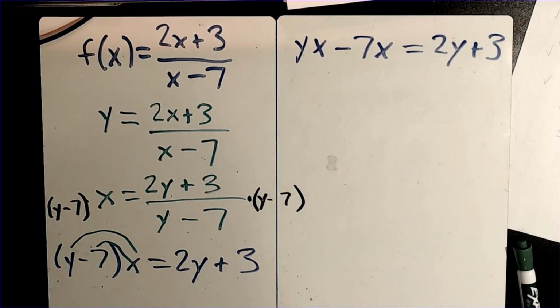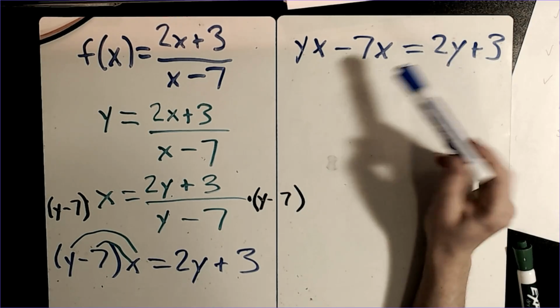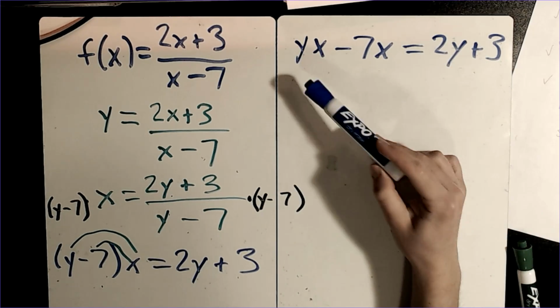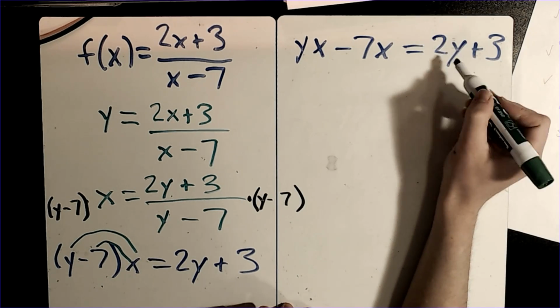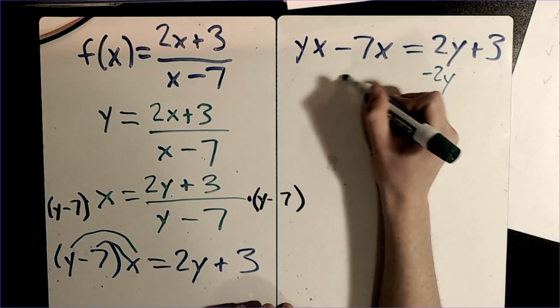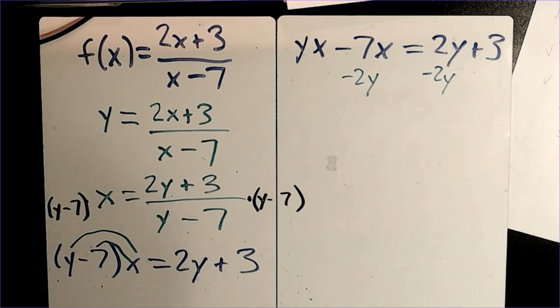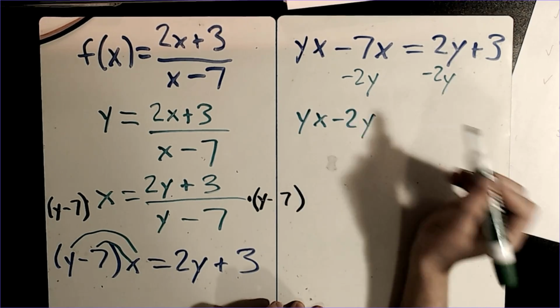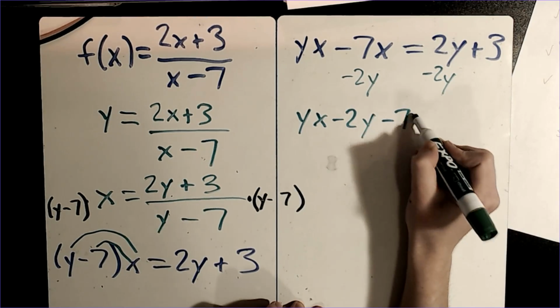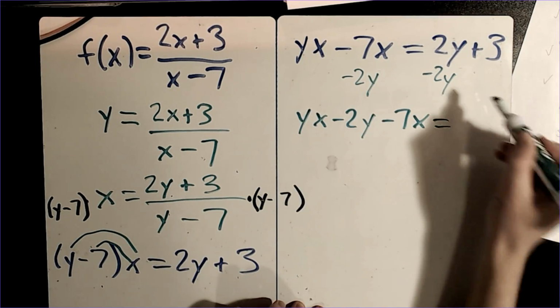And so now, in order to solve for y, we have these two separate y's. We're going to get those on the same side of the equation, and then all the other stuff we're going to move to the other side of the equation. So I'm going to subtract this 2y from both sides just to get the y's on the same side of the equation, because we're trying to get y alone here. So we have yx minus 2y and then minus 7x still equals 3.